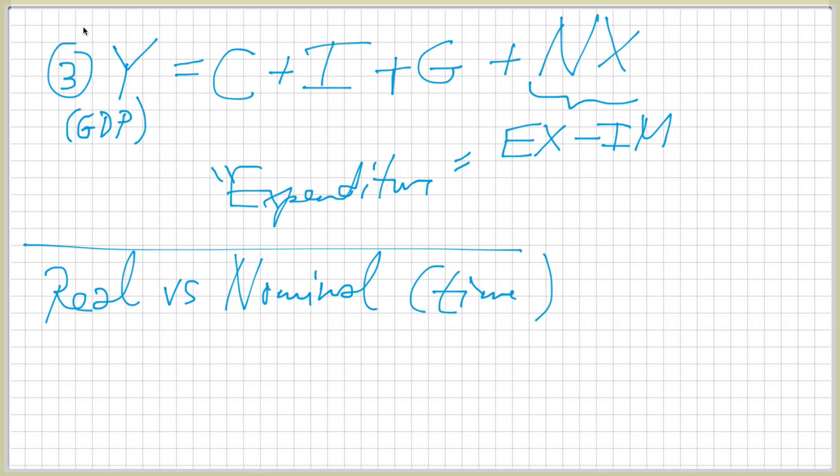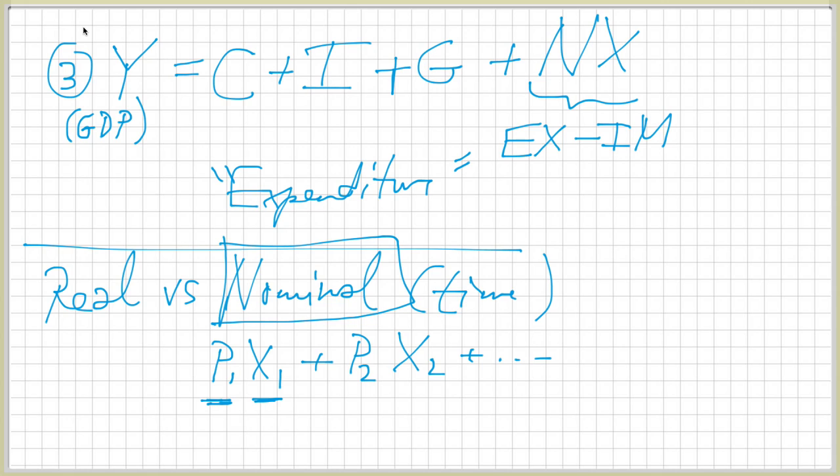Okay, so we said that you could get GDP by calculating price of good 1 times quantity of good 1 plus price of good 2 times quantity of good 2 plus dot dot dot. All right, so if you're using prices in the same period as your x's, so the price of x1 in the year 2000 times the quantity of good 1 in year 2000, then you're talking about a nominal calculation.